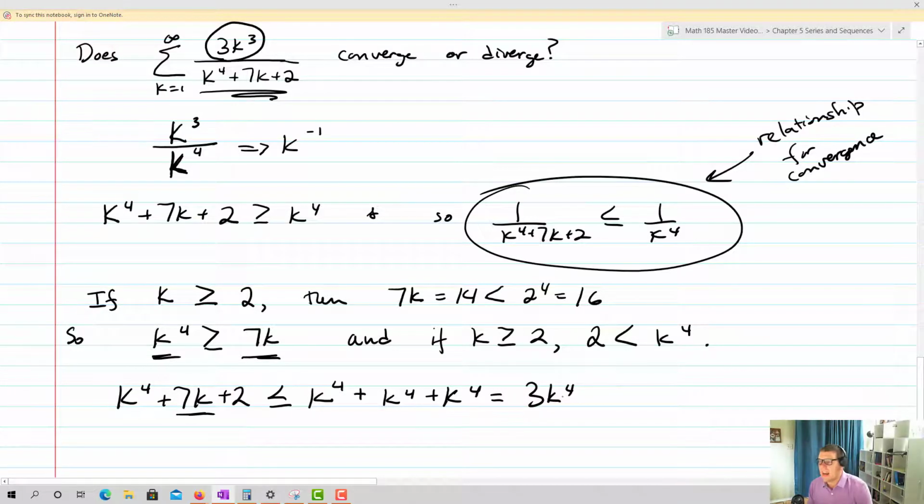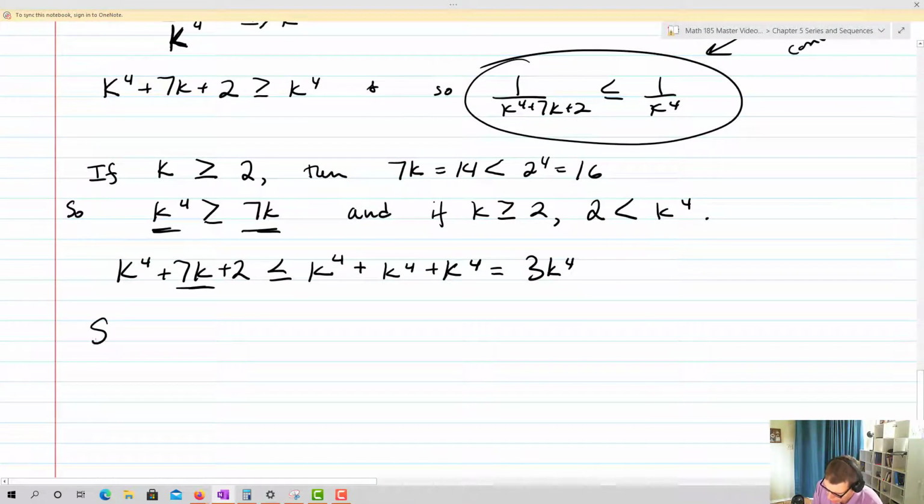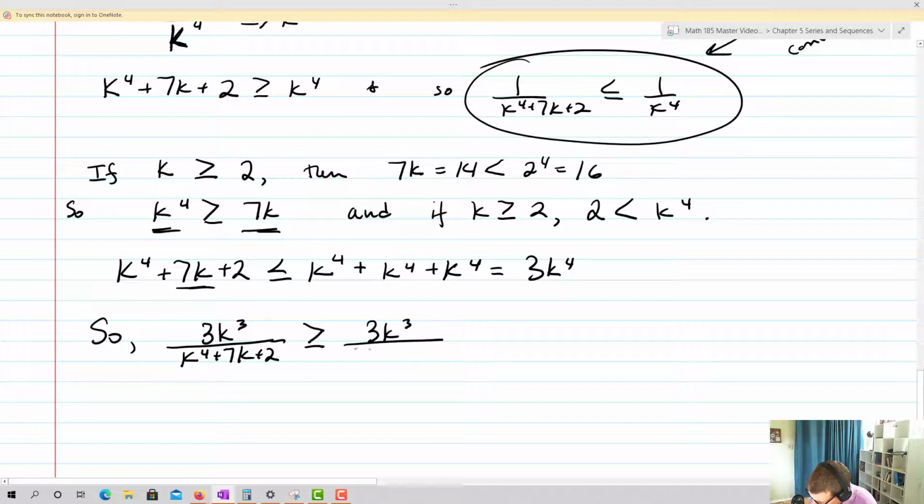And so now that actually has the right relationship that we need. So what that means is that 3k to the third over k to the fourth plus 7k plus 2 is now going to be greater than or equal to 3k to the third over 3k to the fourth, which is equal to 1 over k.